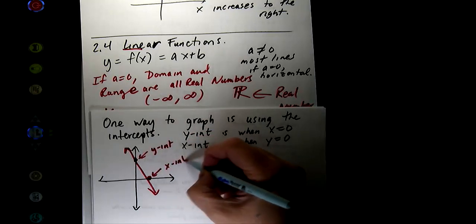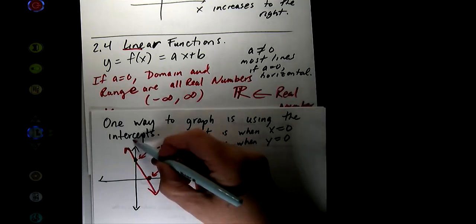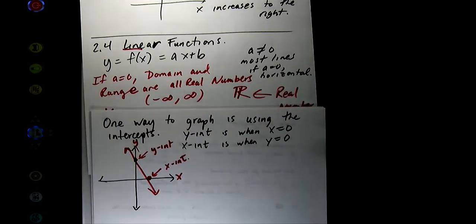And they're labeled for when they cross the corresponding axis. We've done it with y, we haven't done it with f of x, so we'll do one with f of x.